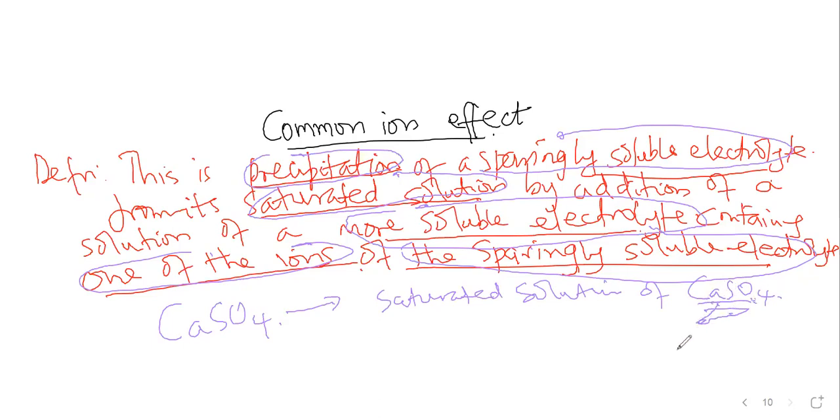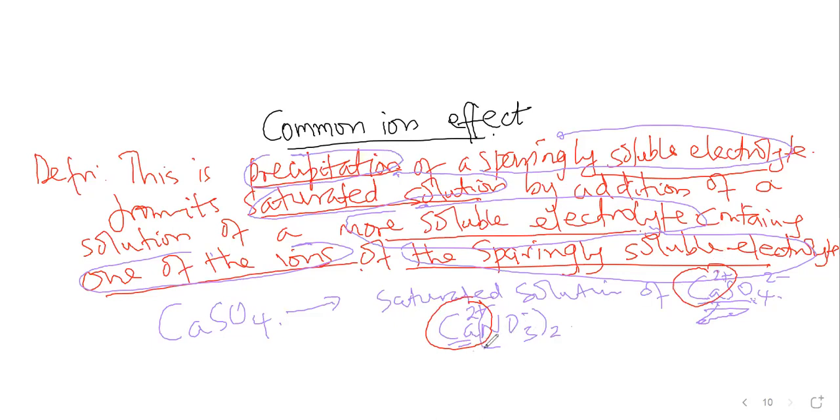Which one can we think of? Calcium nitrate. Very good. Calcium nitrate is a very soluble compound, and it contains a common ion, the calcium ion, which is also here. So the common ion in the calcium sulfate you've added is the calcium ion.